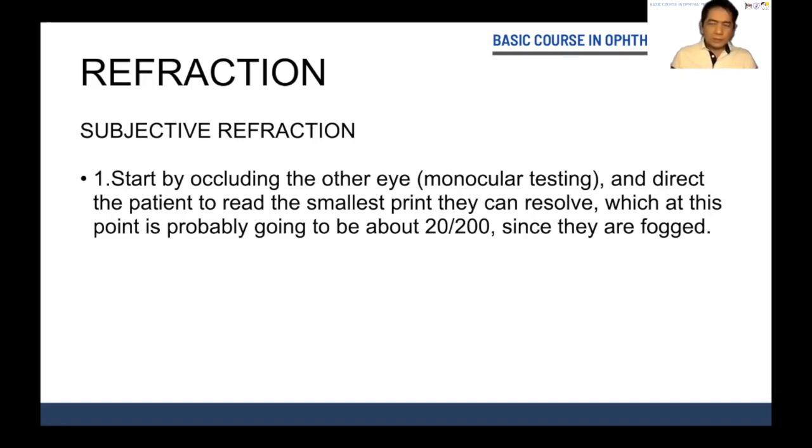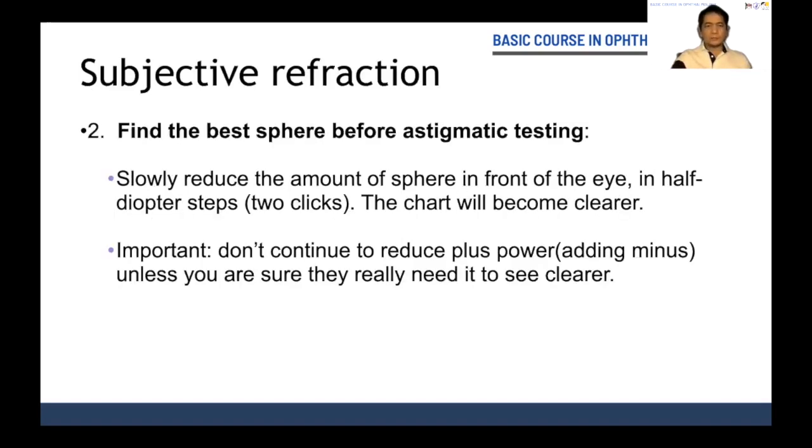But if the patient is hyperopic, plus 2 may give a better vision, so you increase the plus power until you fog the eye to reach a blur of 20 over 200. That's the biggest letter in your Snellen chart.